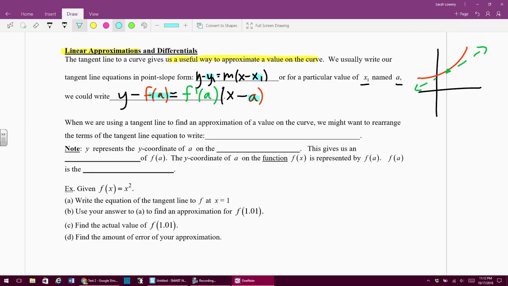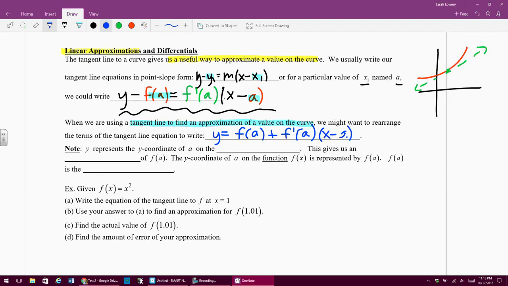So what we're going to do today is use a tangent line to find an approximation of a value on the curve. Now, what I want to do is arrange my terms. If I take this equation right here and solve it for y, I could also say that y equals f of a plus f prime of a times x minus a.